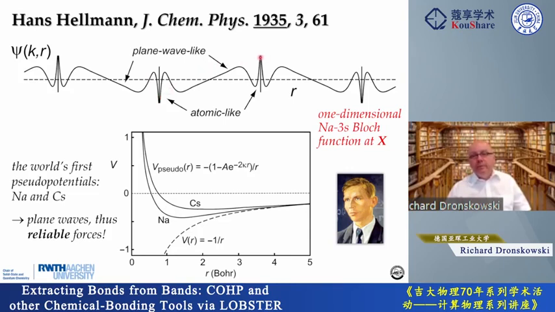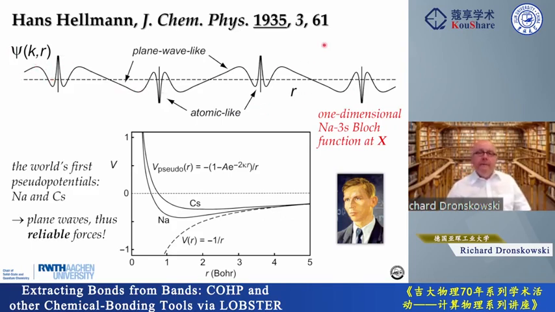And it goes back to a positive sign, and it goes back to a negative sign. In between, it looks like a sine or cosine function. So that's a plane wave. So a real wave function contains this atomic orbital-like part and a plane wave part.